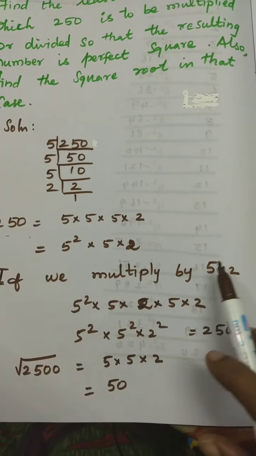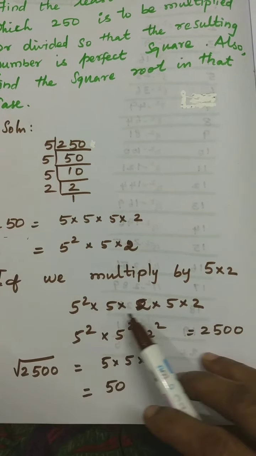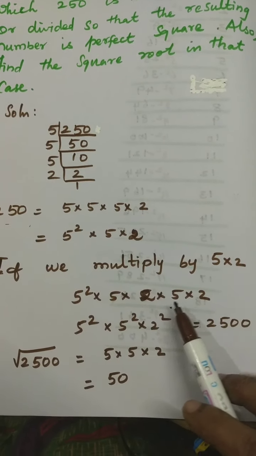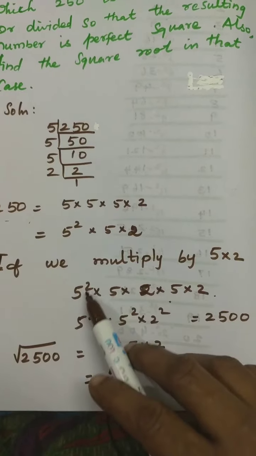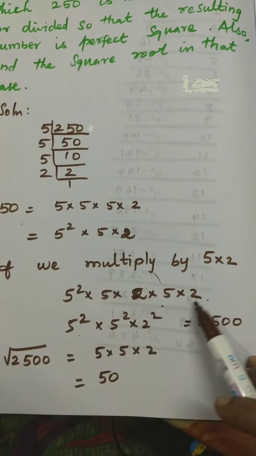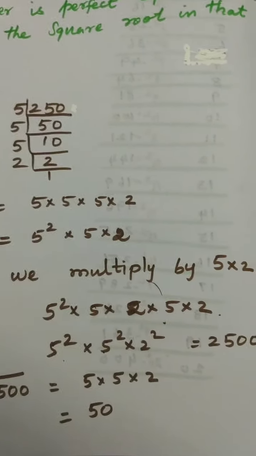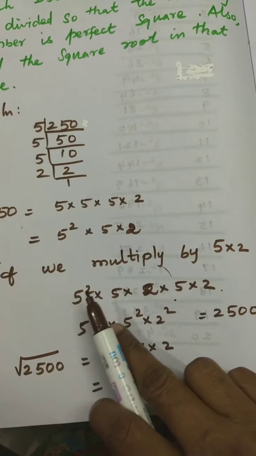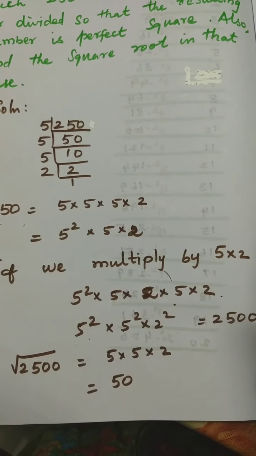I am multiplying extra 1 5 and 1 2 to make this a perfect square, isn't it? So now it comes as 5 square and 2 square. Now it is a perfect square because all the prime numbers are squares.